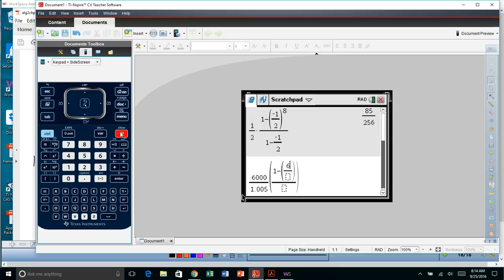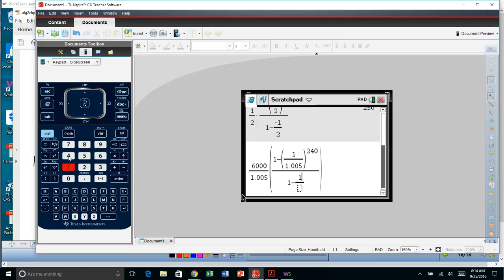R was 1 over 1.005, and then caret 240 was the length of the term. And then down here we got 1 minus 1 divided by 1.005.